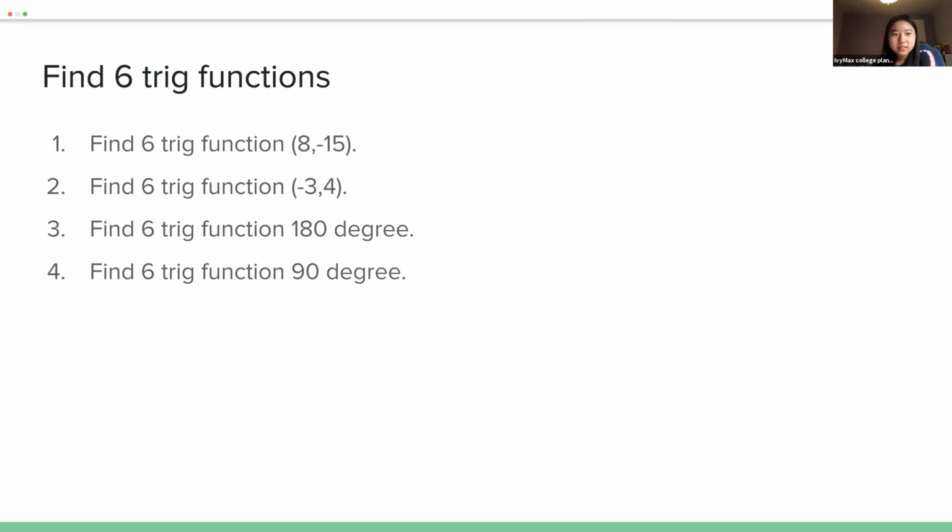So I'm going to do number 1 and 3 with you guys, and then you can try number 2 and 4 by yourself. It says find 6 trig functions of the coordinate 8, negative 15.